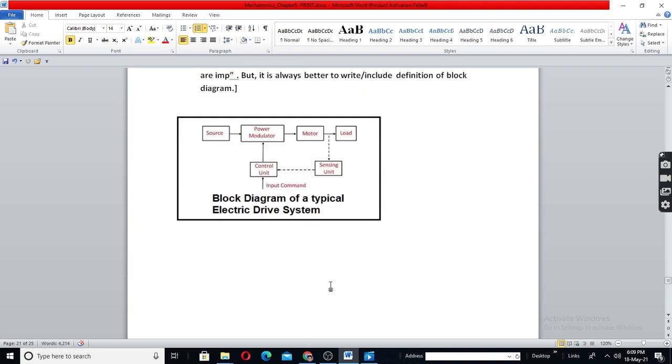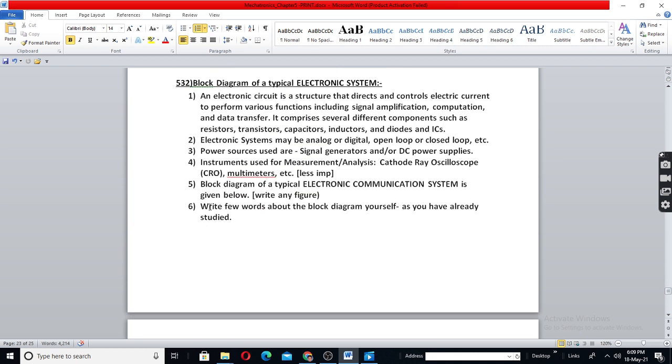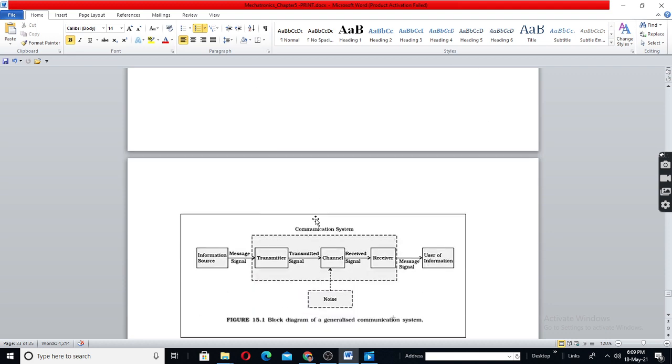Anyhow, these things are not necessary. Depending upon the marks, you can write. Otherwise, you can ignore those.